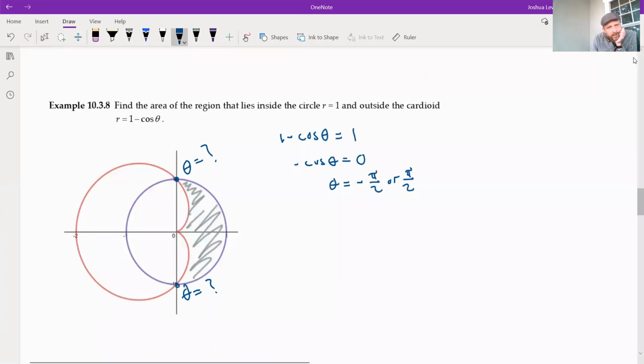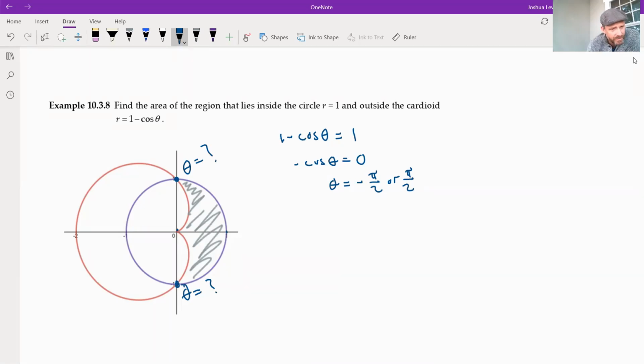Okay, so hopefully you got negative pi halves or pi halves. Now, if you didn't get negative pi halves, you might be thinking, why didn't you choose 3 pi halves? Well, let's think about this. 3 pi halves would take us, if you're on the circle, from here all the way down to there, and on the cardioid, it would take us from here all the way down to here.